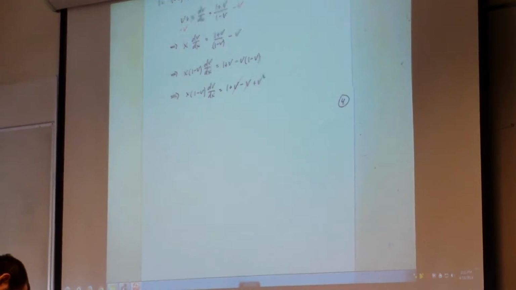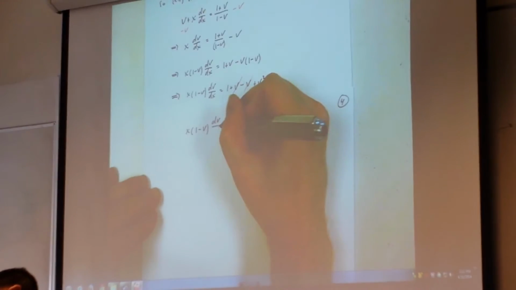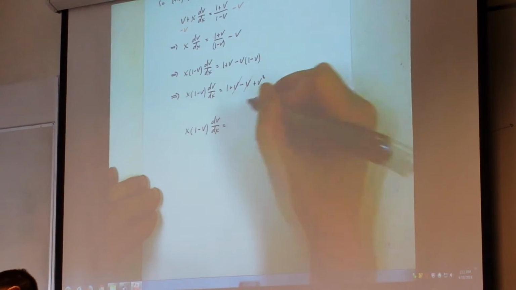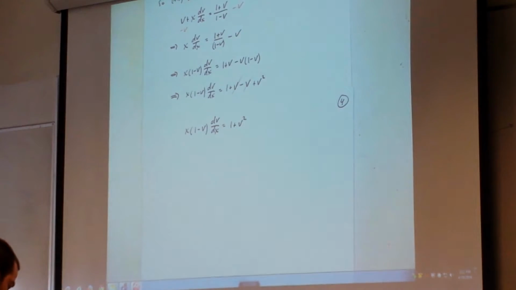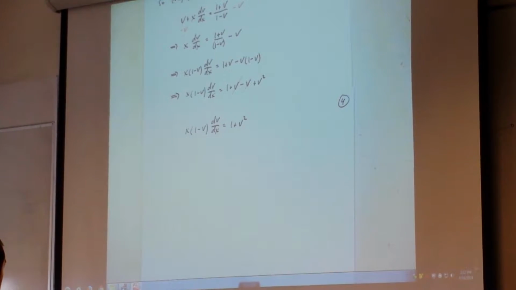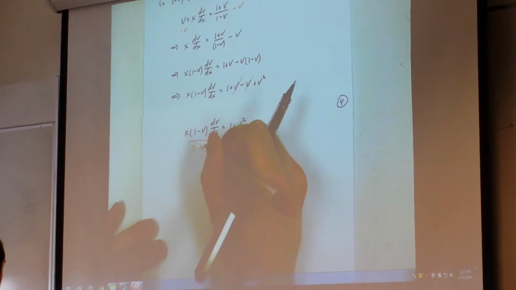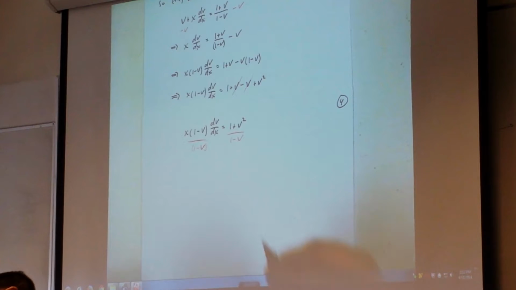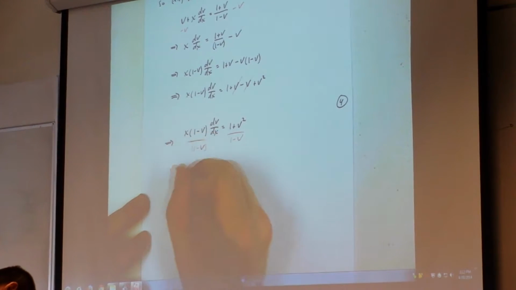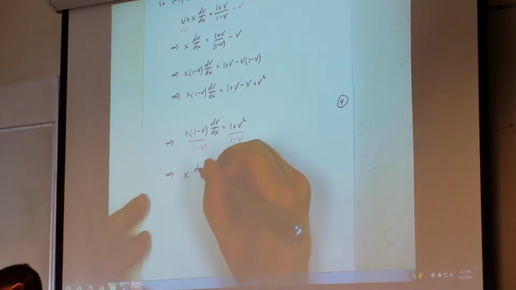Alright, so, writing this one more time before we separate, we got 1 plus v squared. And now, I get that 1 minus v, if I get that back to the other side, what do we got?